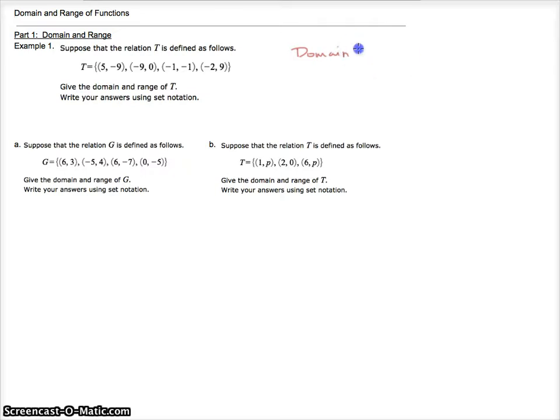So domain is the set of all the inputs of a function. So the domain is the input, or it's the x values.